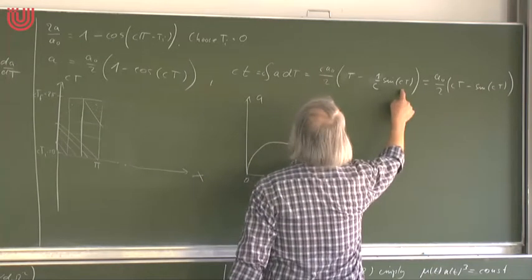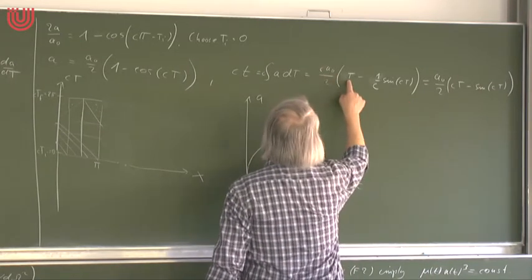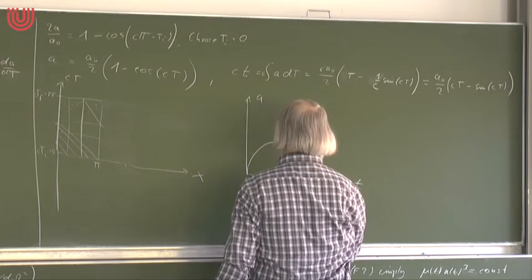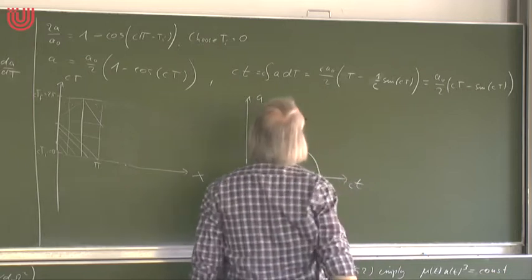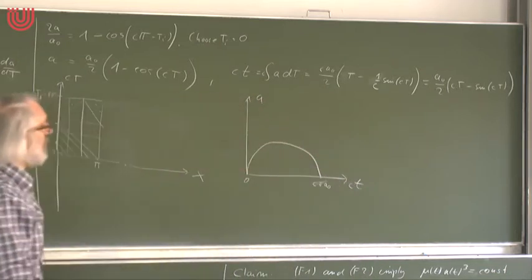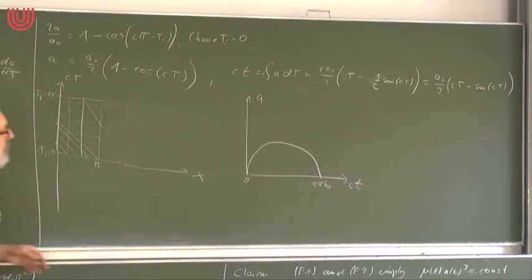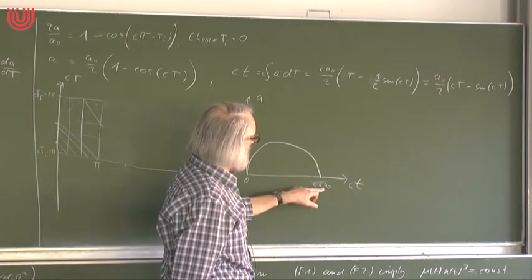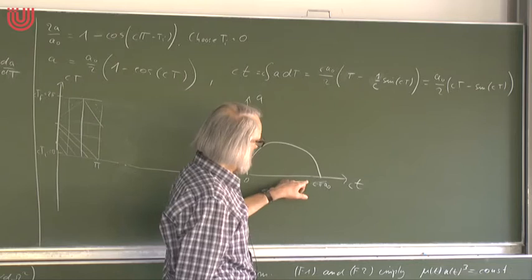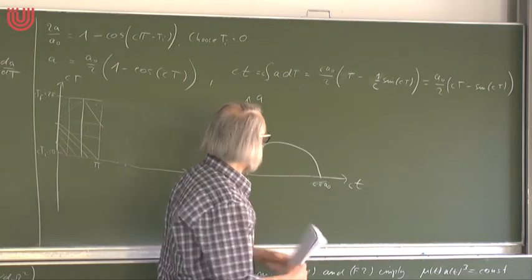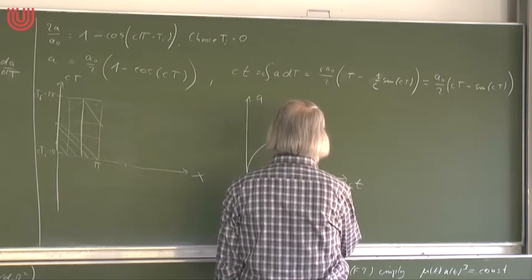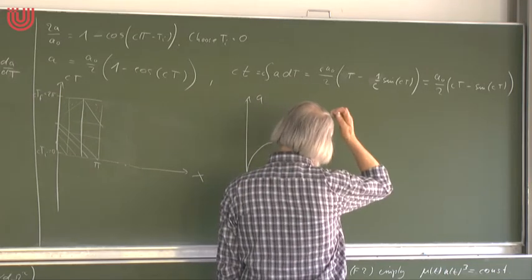The sine of 2 pi is 0, so this is c 2 pi c pi a naught. Yeah, I think that's it. The 2 goes away, c pi a naught. And that's true. This has dimension length over time. Then it's wrong. My goodness.